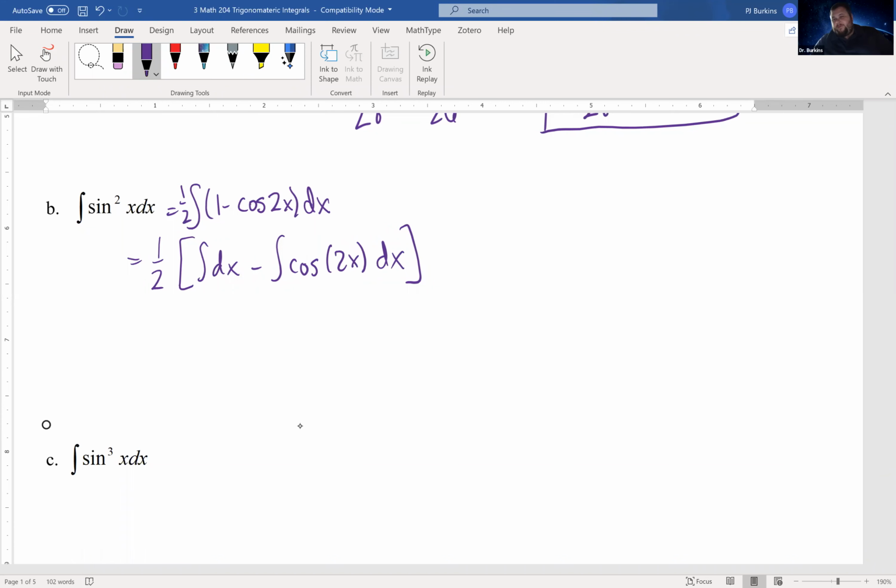That second integral is a basic u substitution problem. So I'll do it this time, but then any other time that we see that recur, I will go ahead and just give the solution. So we would let u equal 2x, du would be 2dx. So I would need to introduce a 2 in here, and therefore a 1/2 out front.